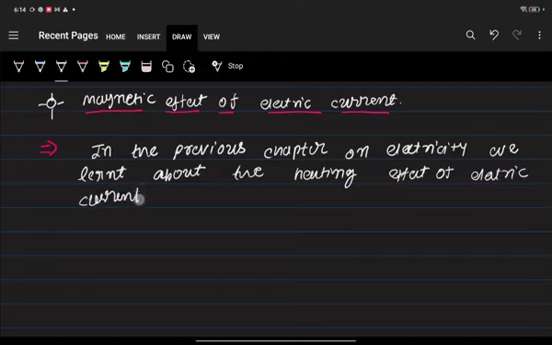What was the formula for heating? Did you remember? I squared R T. Yes, correct.